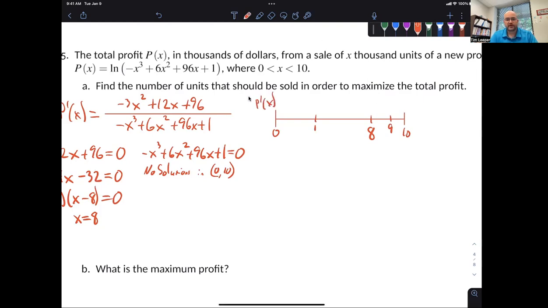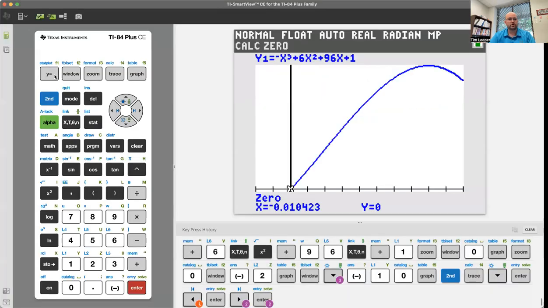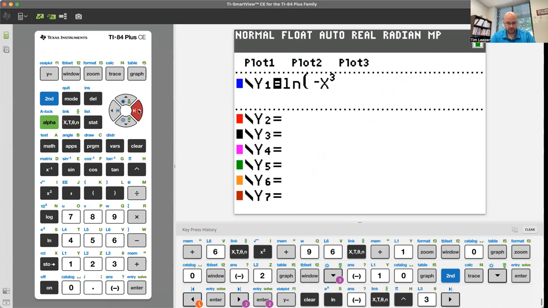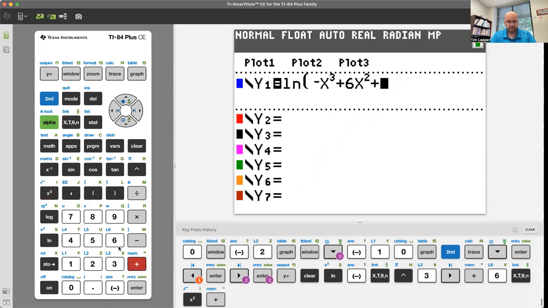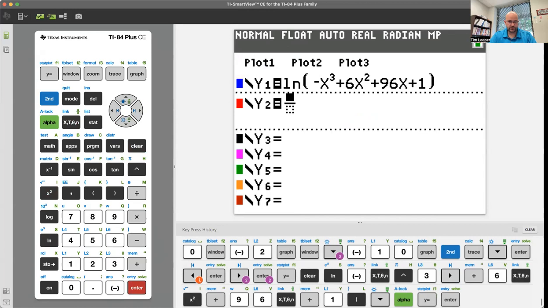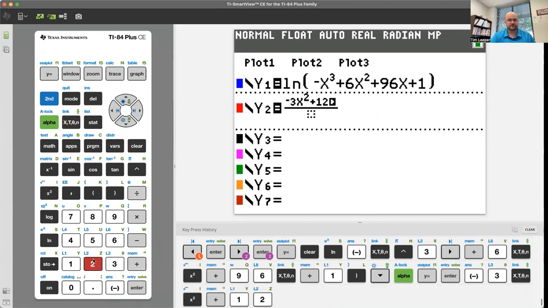Wonderful. Now, to do this, we're going to go back to the calculator, go to y equals. On y1, we're going to type in the original function, the natural log of negative x cubed plus 6x squared plus 96x plus 1. On y2, we're going to type in the derivative. And the numerator was negative 3x squared plus 12x plus 96.